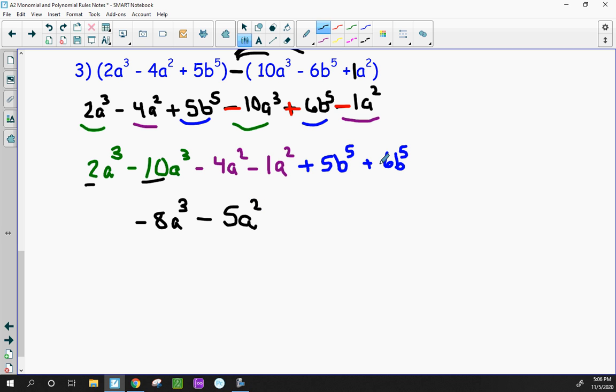And next, 5 plus 6. And for the third time, notice that I am not doing anything to these powers. I'm just dropping it down. 5b to the 5th plus another 6b to the 5th is a total of 11 of those terms. You can think of it that way.